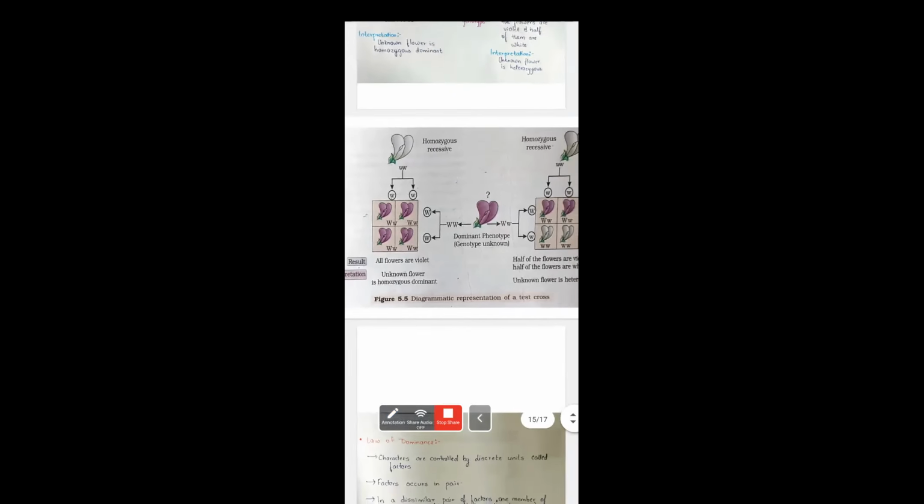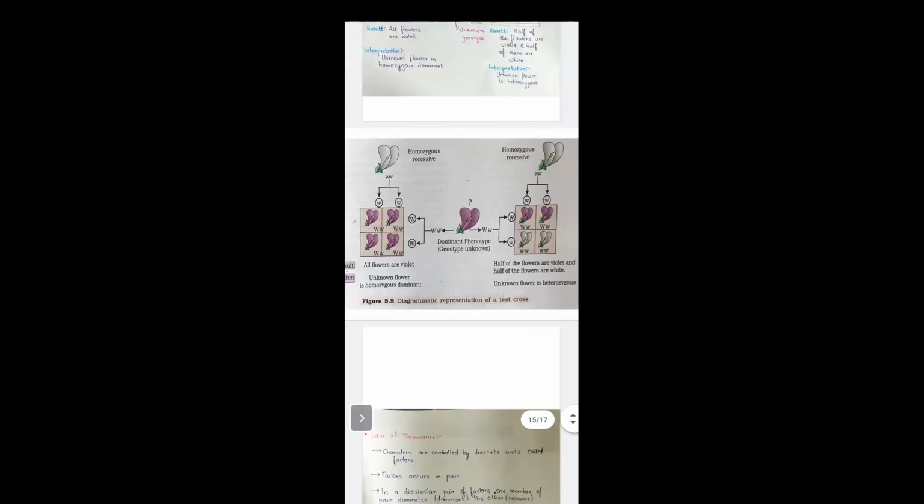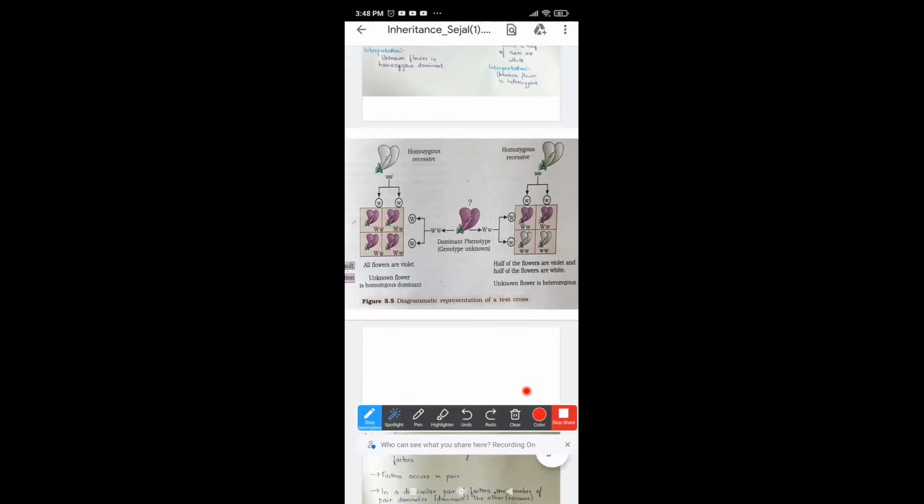Now, here's a similar example. We just saw it through a diagram.